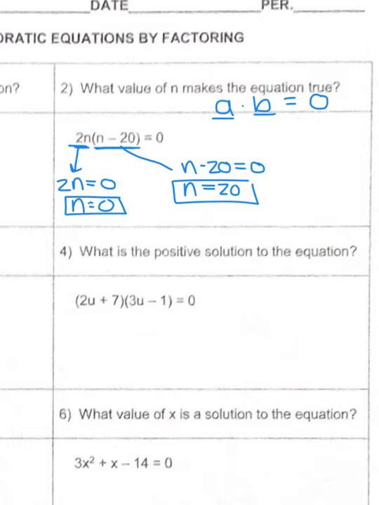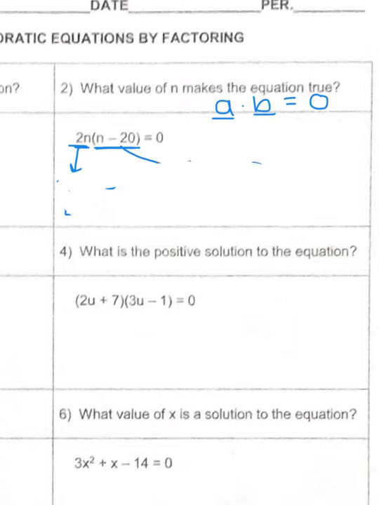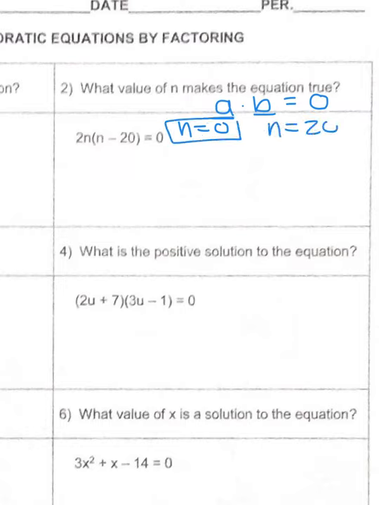And then you're done. If n was equal to 0, that means the whole equation would be equal to 0. So I can show you here. So we said either n is equal to 0 or n is equal to 20.